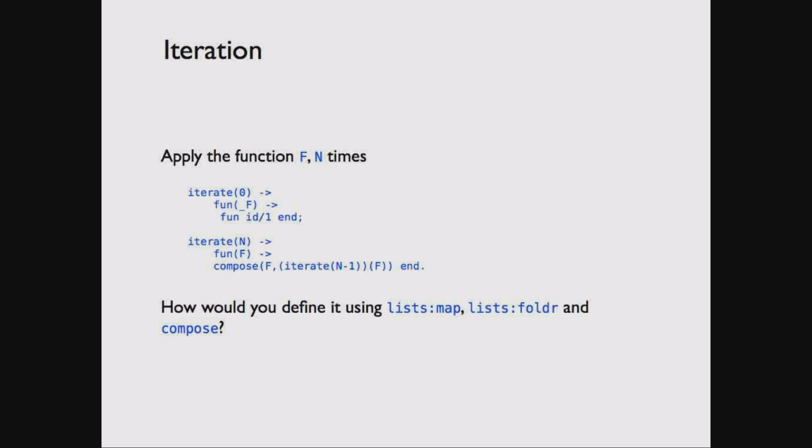So there we have it. As a little exercise, you might think another way you could define iterate might be using map and fold R and compose. I'll leave it to you to think about how you might do that.